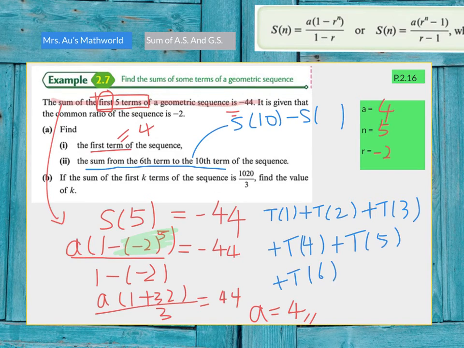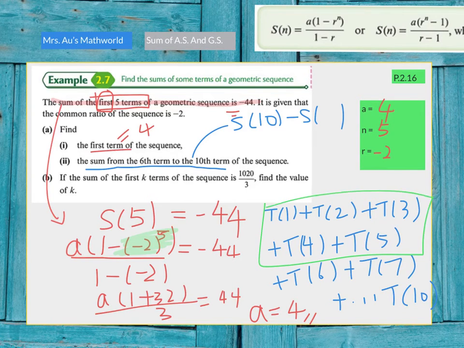We should start from the 6th term until the 10th term. So this is S10, but I only want S6 to S10, which means I want to cross out the first 5 terms. That's why we need to minus S5, so that we are able to find the value of the terms from the 6th term to the 10th term. Let me show you the step.